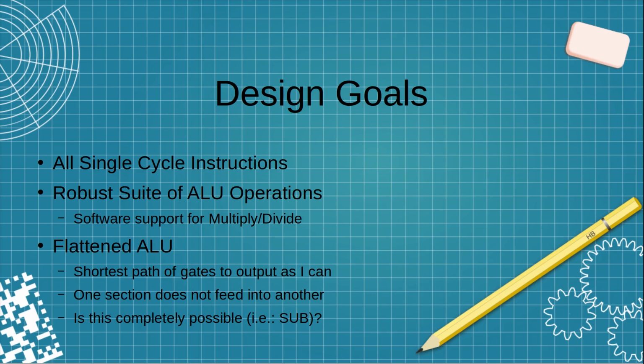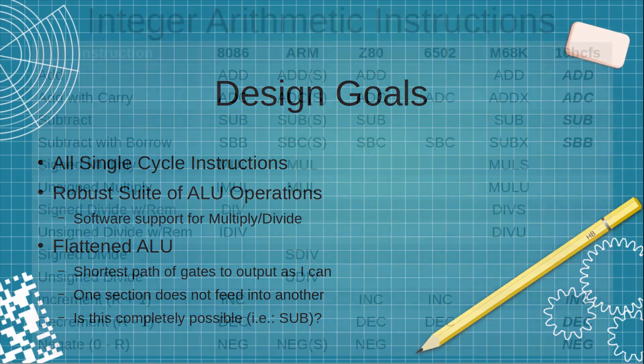Ideally, I don't want any one section to feed into another, but I don't know that I can actually accomplish that because part of the subtract instruction is going to be to invert the input of the second argument. And I don't want to have a second stage that has to do that inversion. So I'm going to have to figure out how I want to path all of that properly.